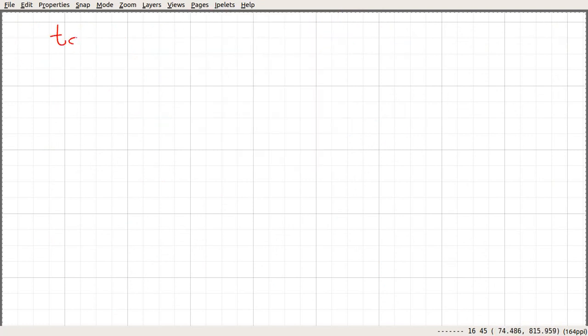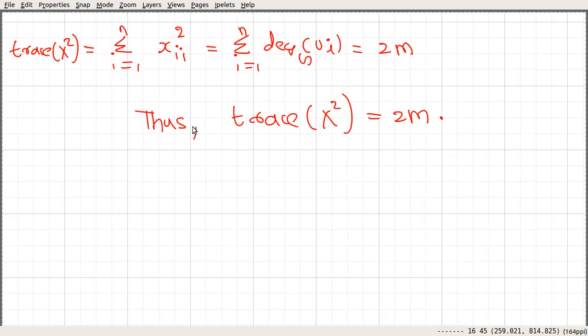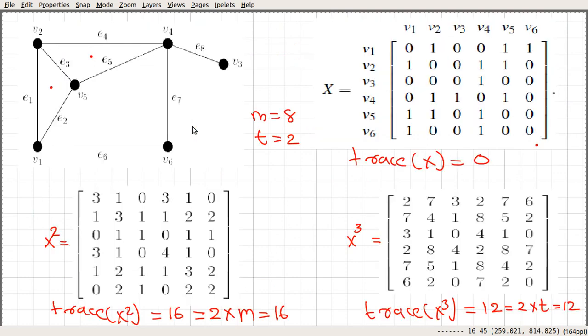So we are going to prove that the trace of the cube of the adjacency matrix is 6 times the number of triangles. So that's what this statement says, where T is the number of triangles. We saw that from this example. If you consider this graph, it has 2 triangles and the trace of x cubed is 12.